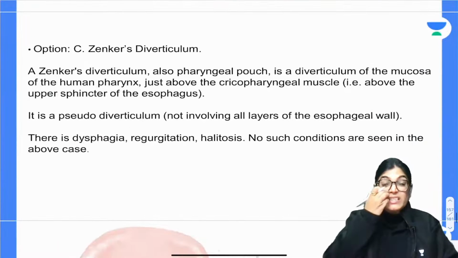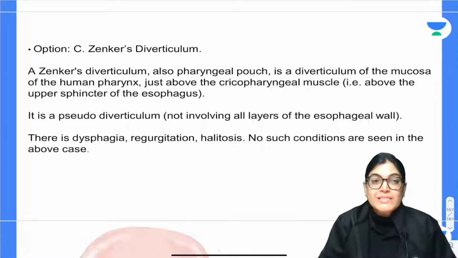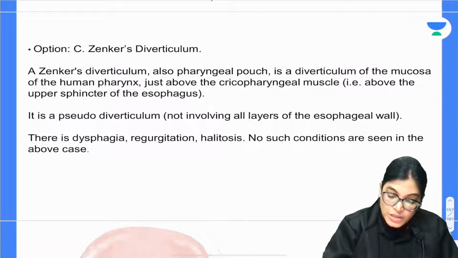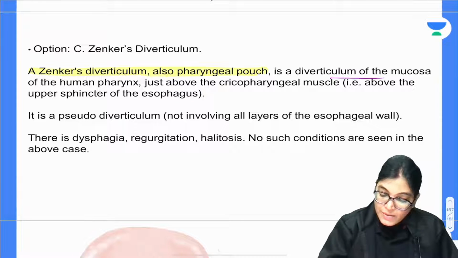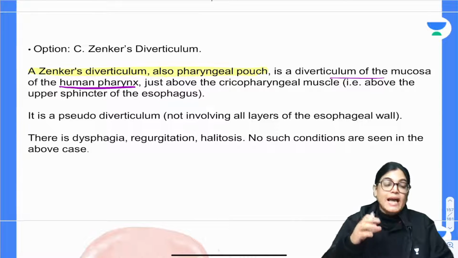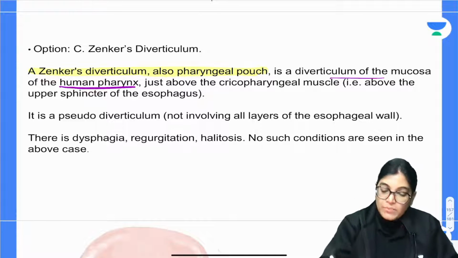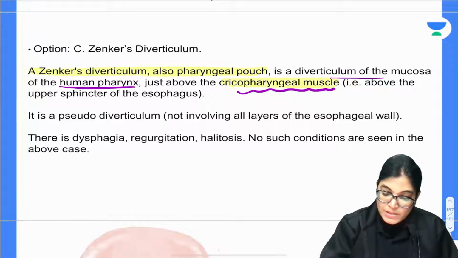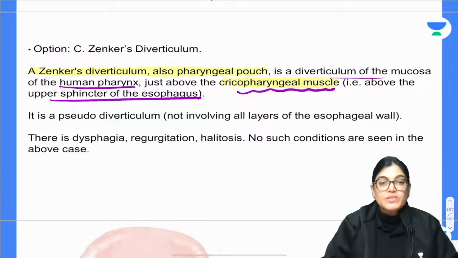Now let's move on to Zenker's diverticulum. Another option was Zenker's diverticulum, which is also called pharyngeal pouch. In this case, the diverticulum is of the mucosa of the pharynx, located exactly above the cricopharyngeal muscle, that is above the upper sphincter of the esophagus.